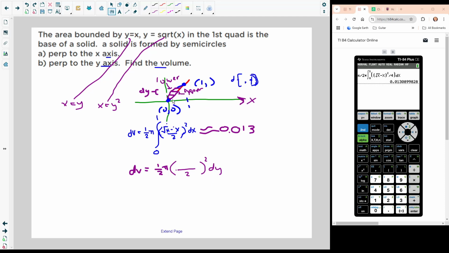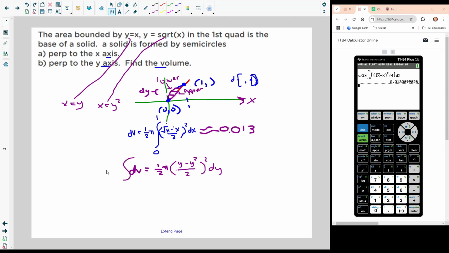So that's why the red line here is the upper function, and the blue parabola, which is covered by purple, is lower. So I need to do upper minus lower, and that will be my diameter. My diameter: upper is y, and lower is y squared. Okay, a little confusing there, but that's for the perpendicular to the y-axis, find the volume.